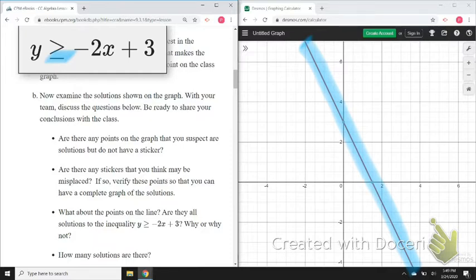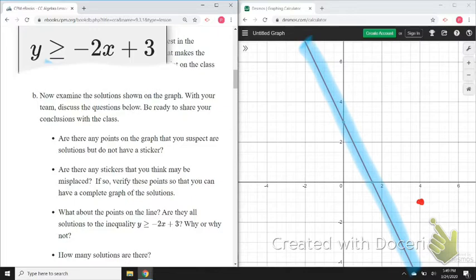The last question says, how many solutions are there? Well, we have to ask ourselves what's a solution and what's not a solution. So if you recall, one of the points I chose was 4, negative 1. I think that was one of them, okay? And I'm just going to substitute that value into our inequality here, okay? Let's see if this is true or not.